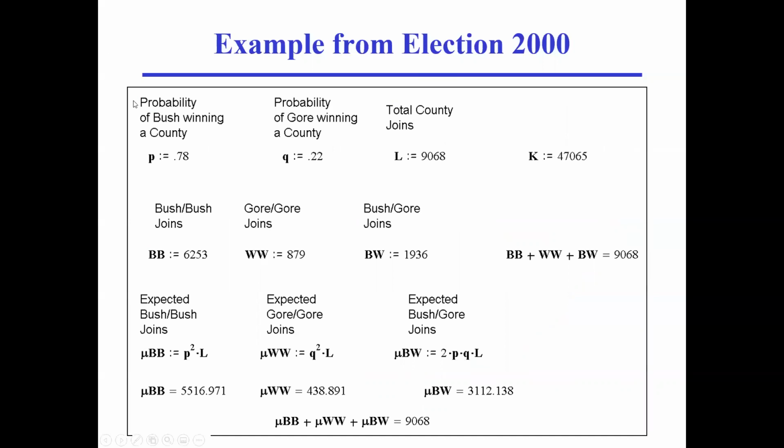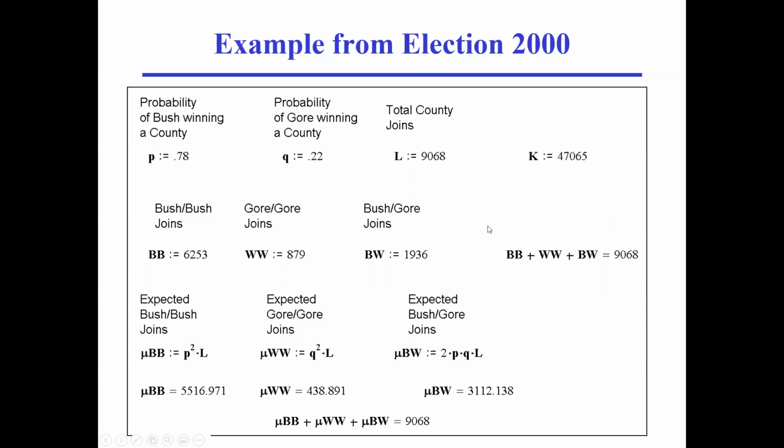And all those parameters we use, like the probability of Bush winning a county, which is the probability of finding a red cell, is here. And the probability of finding a blue cell is here. We also can calculate L and K. You can see the results here are pretty big because there are so many counties in this country.